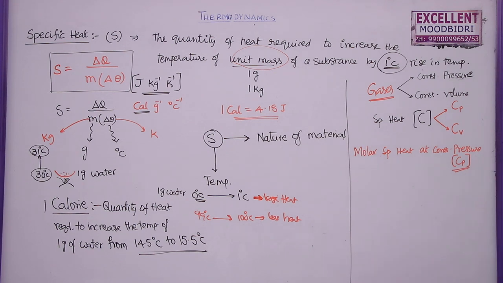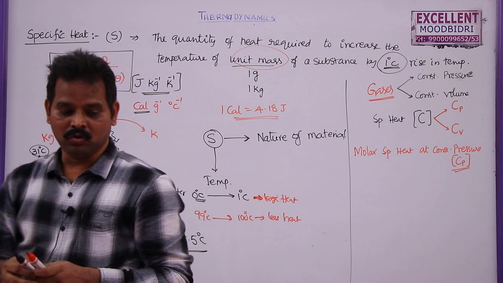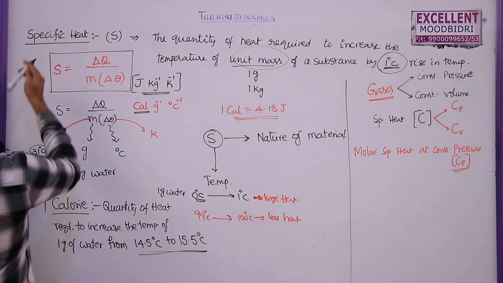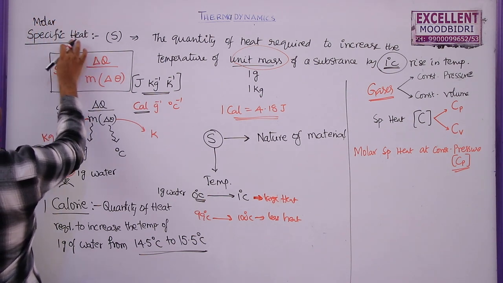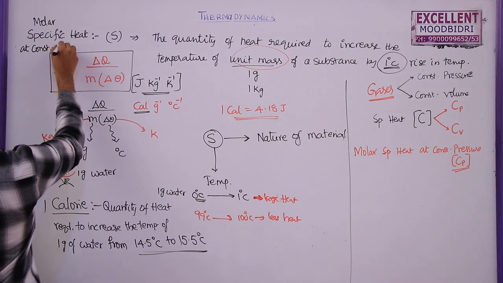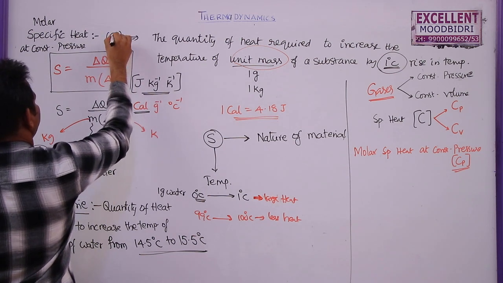So how to define this one? The definition is similar to this one, but here I am going to make some changes. What is molar specific heat at constant pressure? Here I am going to write this as Cp.